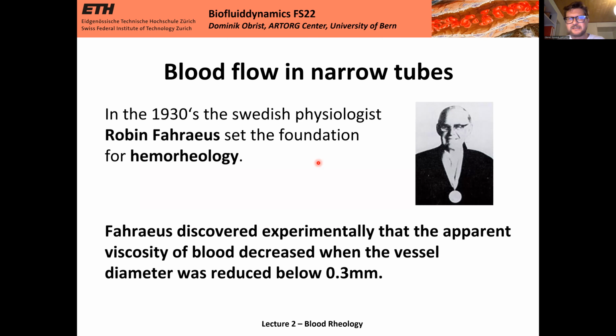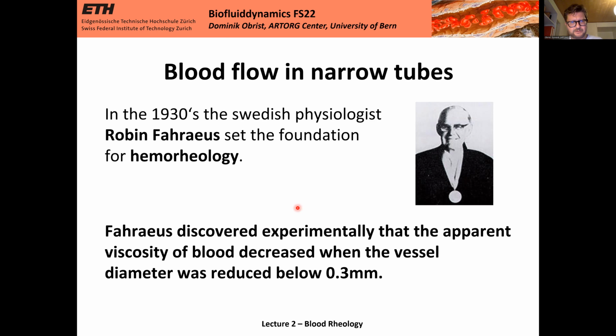This whole situation was first investigated, or maybe not first, but he was the one who made the big discovery, by Robin Fåhraeus in the 1950s, a Swedish physiologist. One of the major results that he found is first not on the viscosity, but on the hematocrit.